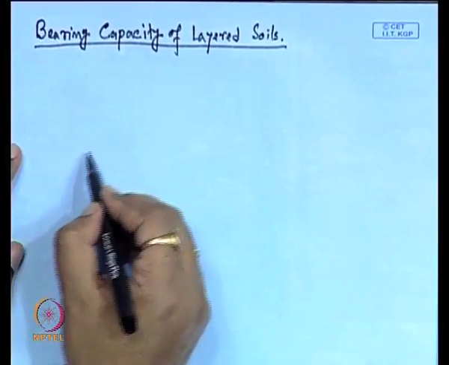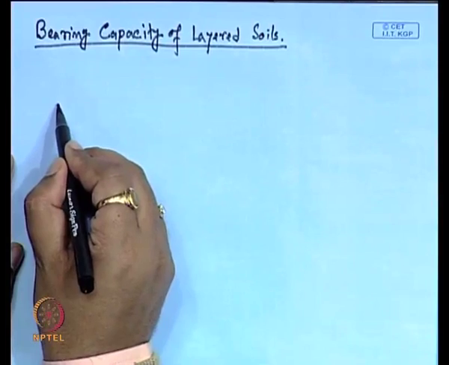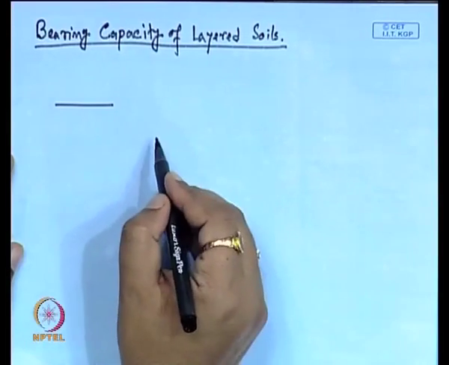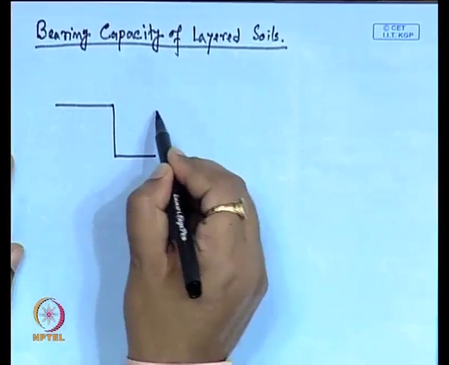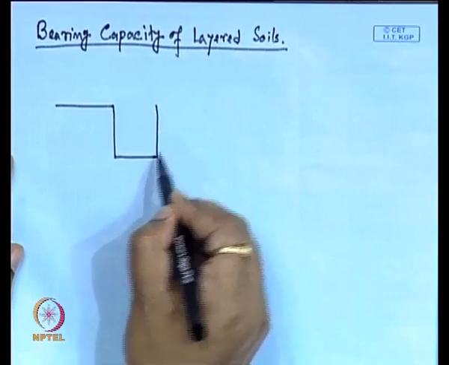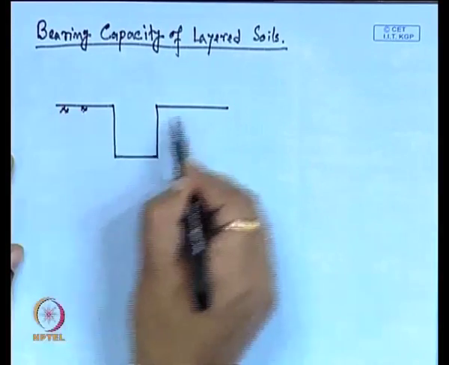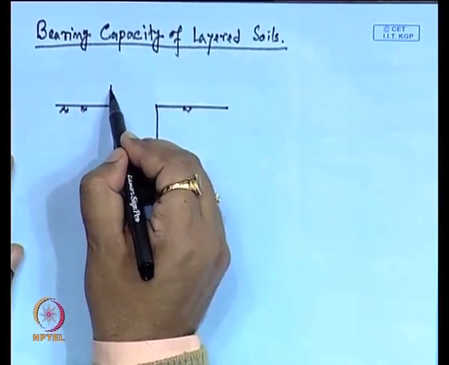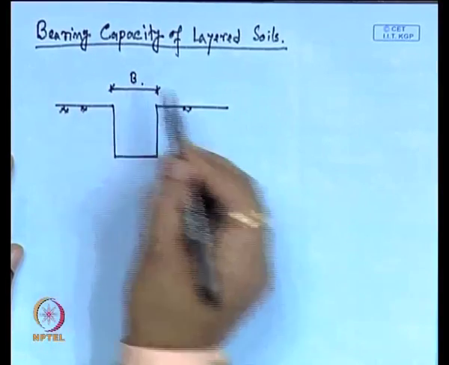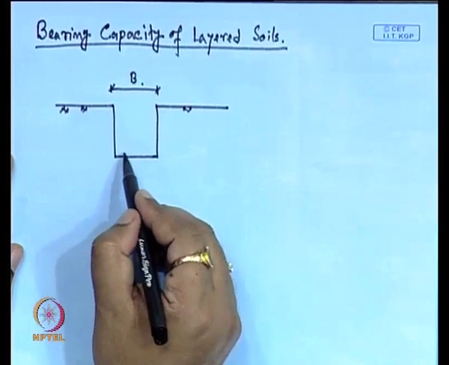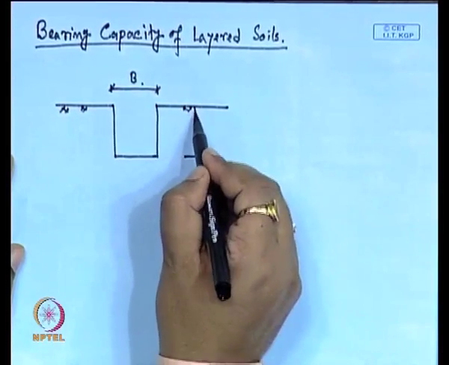Now, if the soil is in this form, this is the ground surface, here we are applying this footing, this is the ground surface and this is the width of the footing, and this is the depth of the footing, Df.